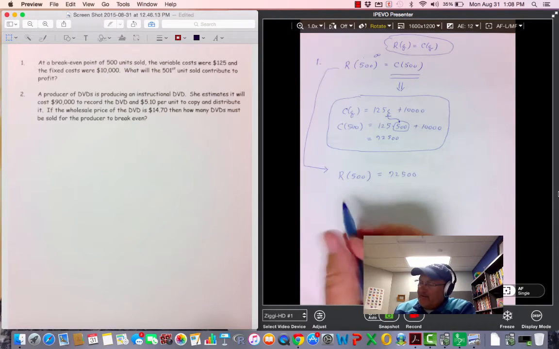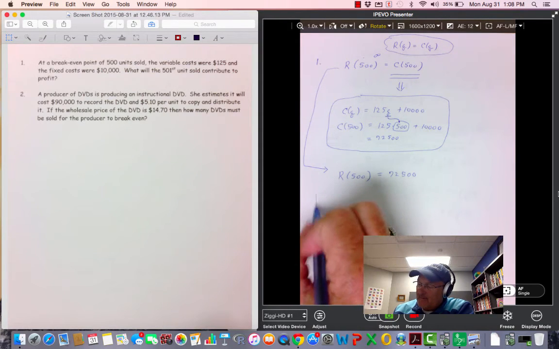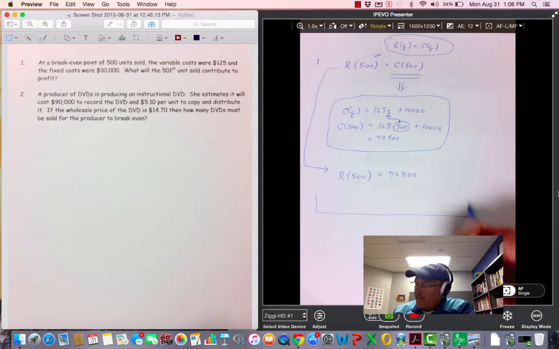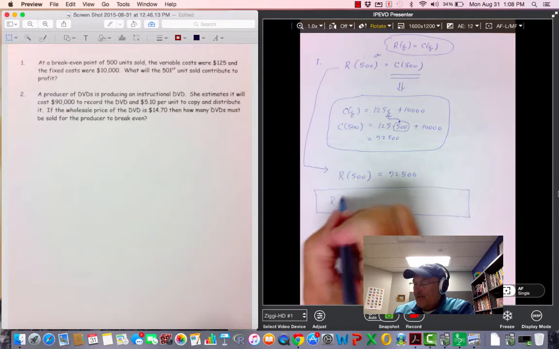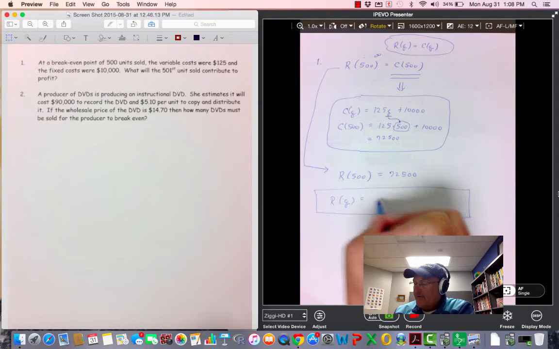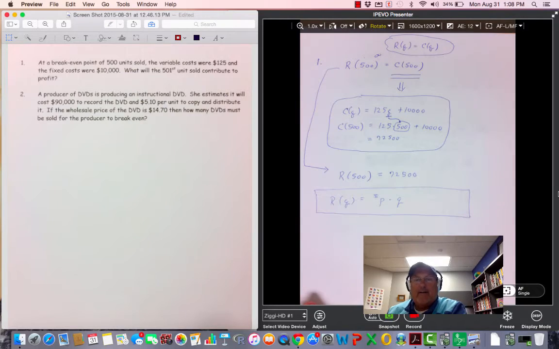Well, guys, I know in general that, and I'm going to put this in a box because this is kind of an intermediate step, R of Q is the price times the quantity.